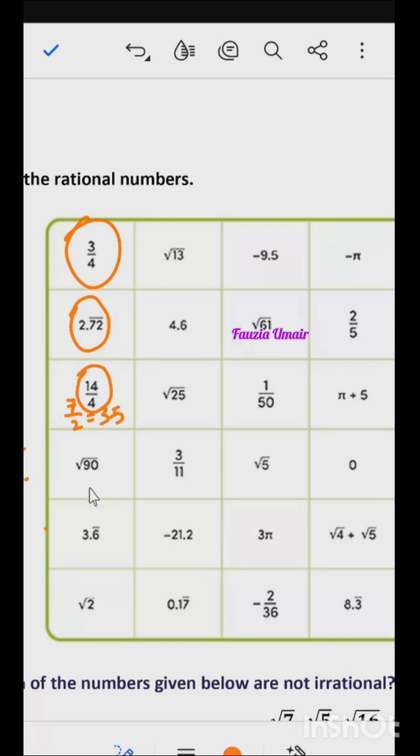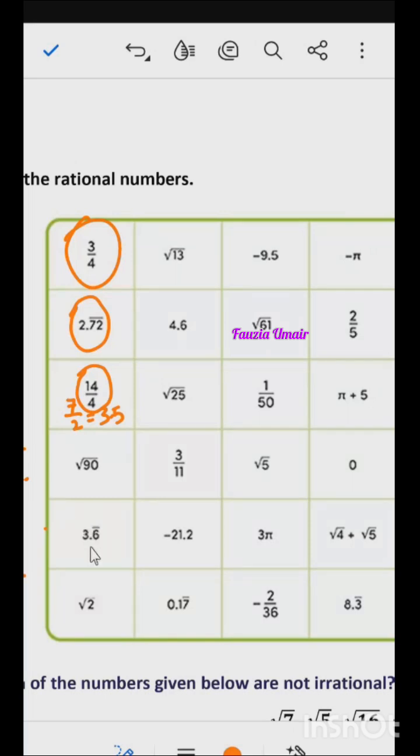It is irrational. That is the square root of 900. Square root of 900 is 30. Square root of 90 is an irrational number because this is a non-solvable root. All right? Is this point clear? Square root of 90 is not 30. It's the square root of 900 that is 30.